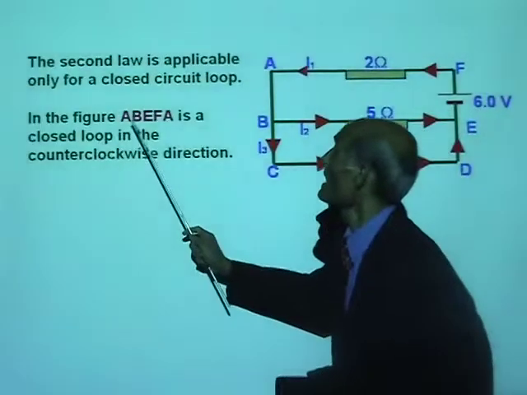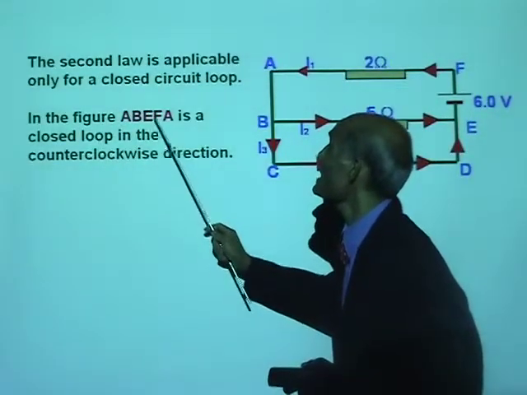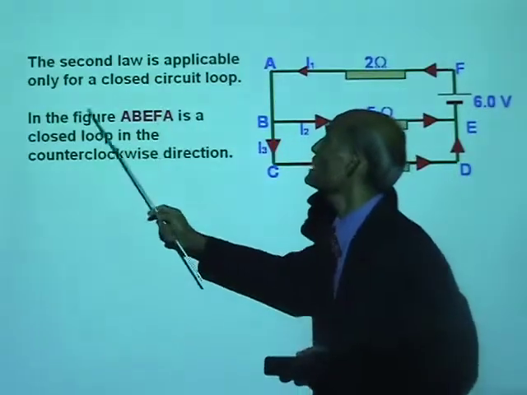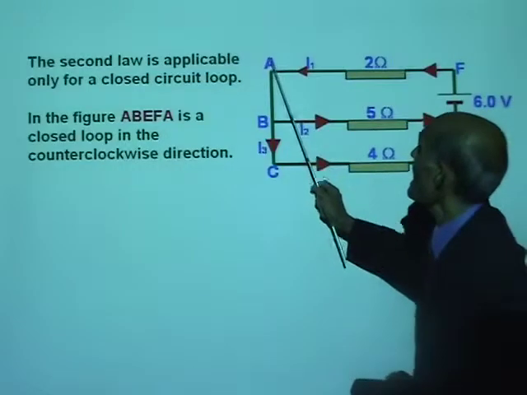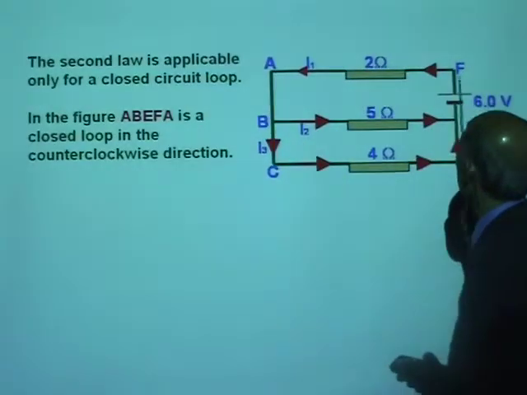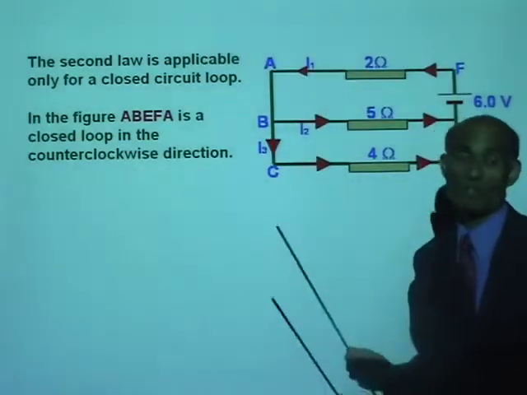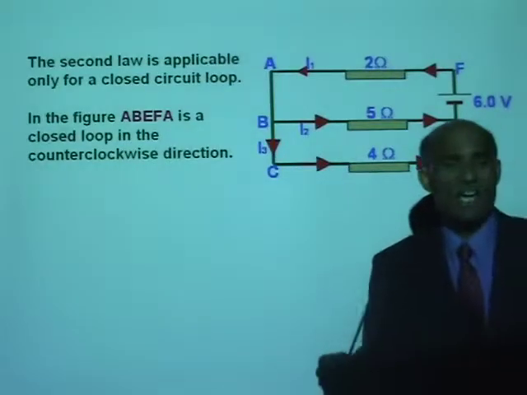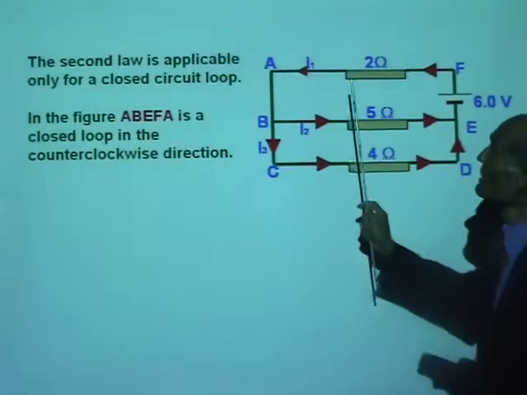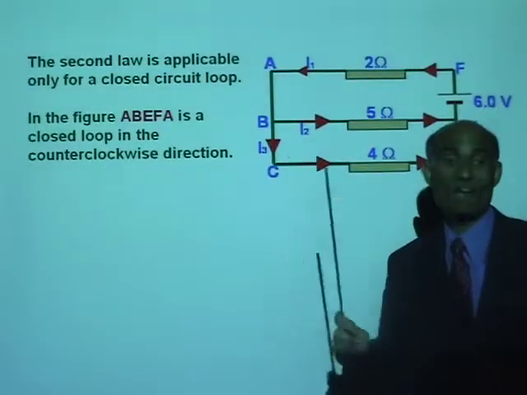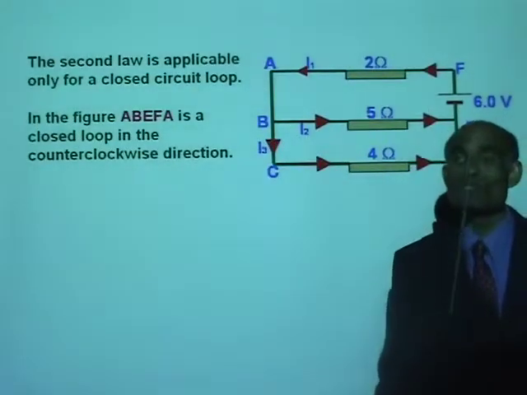Now in the figure, A, B, E, F, A is a closed loop. Watch that again. A, B, E, F, A. I want you to watch and listen carefully how I explain the second law of Kirchhoff. So second law is applied only to a closed loop.